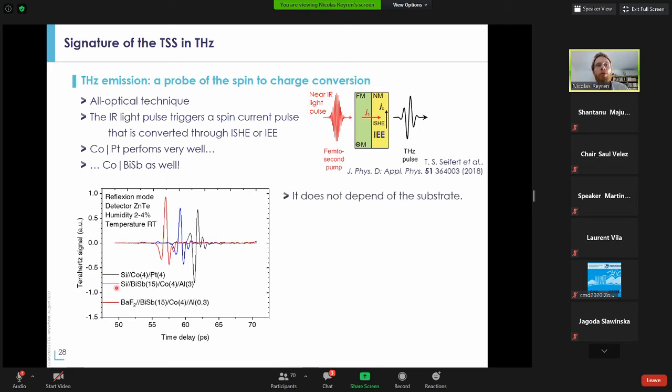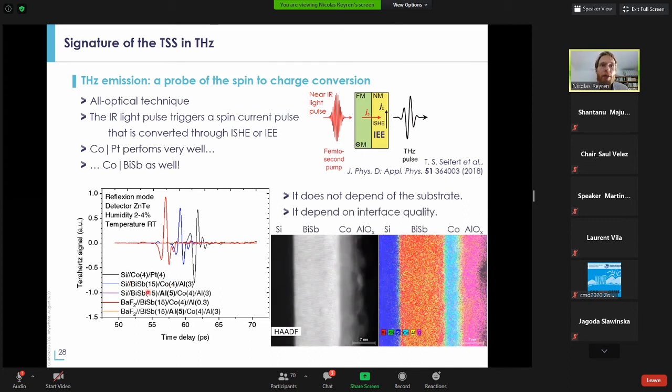I showed you the silicon bismuth antimonide case, but on barium fluoride, even though we cannot see the ARPES, we assume that the bismuth antimonide grows the same way as on silicon. We assume that they have the same topological surface states, and indeed we see the same very large conversion.